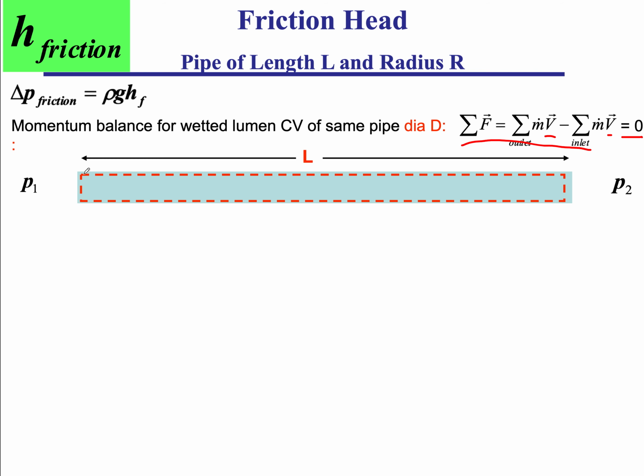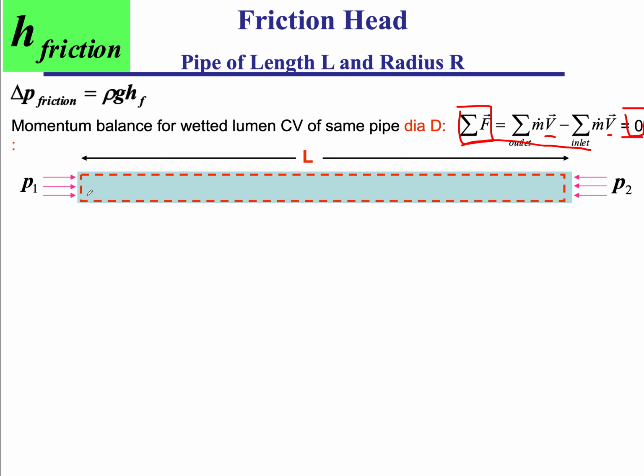So our control volume that we're considering for momentum balance is the one shown here. We're taking the inside part of the pipe. So we're taking the liquid inside the pipe. So here it's a cylindrical kind of control volume. So let's see what forces. So if I have my sigma F equals 0 on my control volume, let's see what forces are acting on that control volume.